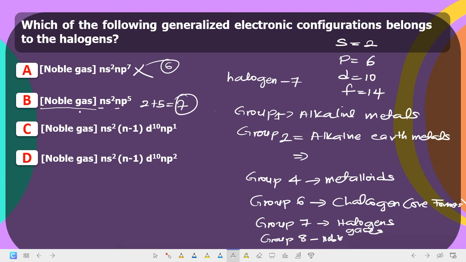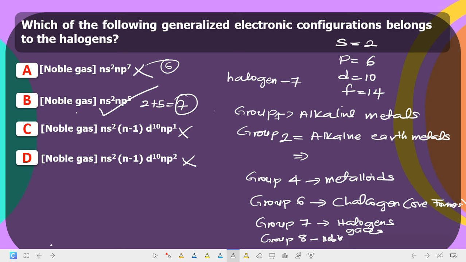So this one has 7 valence electrons, and it conforms to the normal configuration because the p orbital can take up to 6 electrons, but we have 5 filled up here. So this is the correct configuration, and the others are wrong.